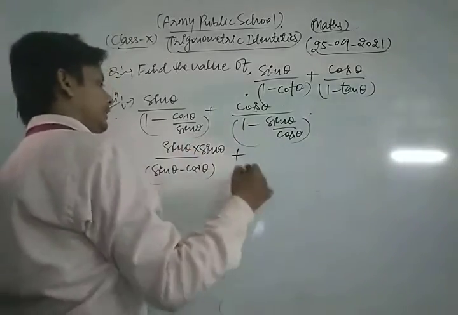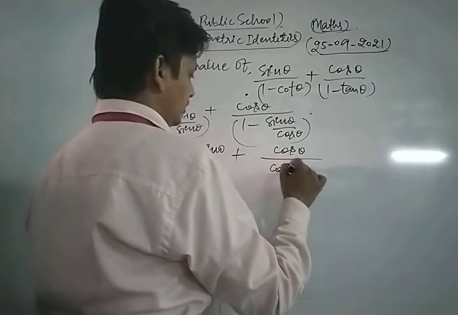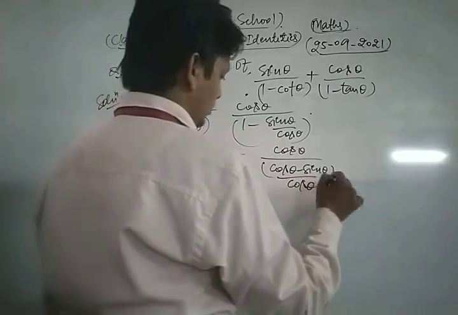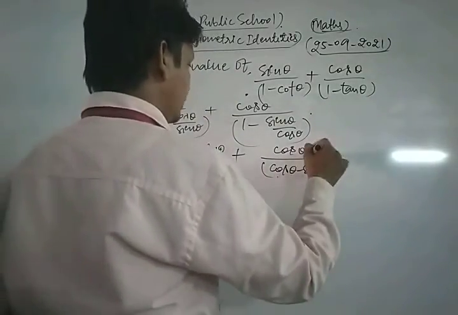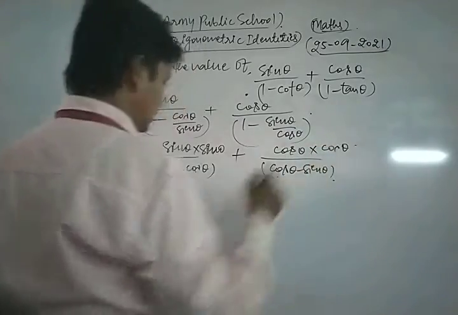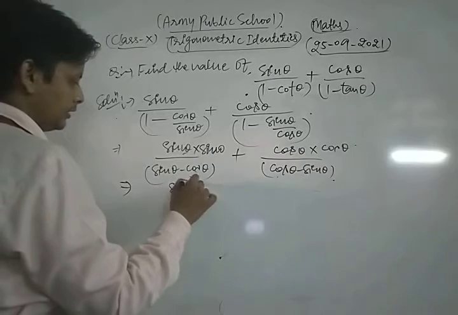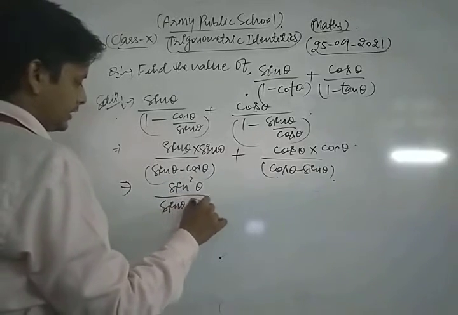Similarly here we can write cos theta upon cos theta minus sin theta upon cos theta. Now cos theta is transferred to the numerator. This is cos theta. Now in the numerator we get sin into sin, that is sin square theta, and in the denominator we write sin theta minus cos theta as it is.